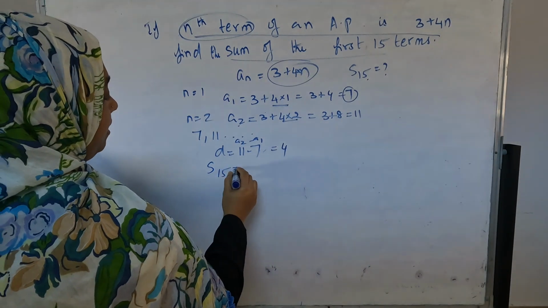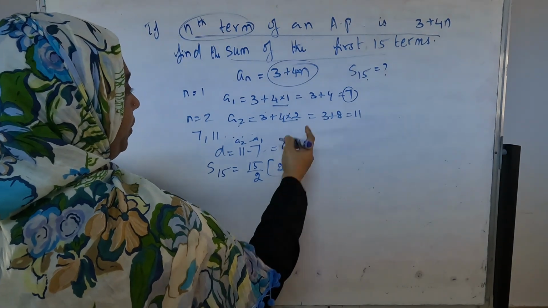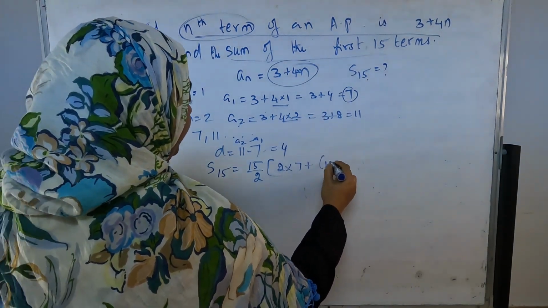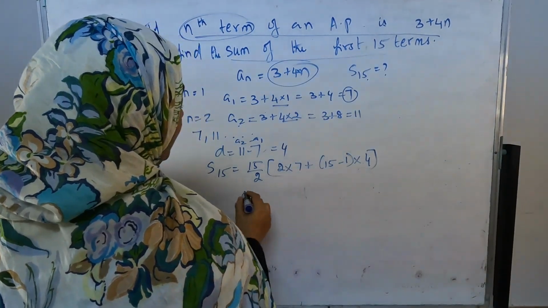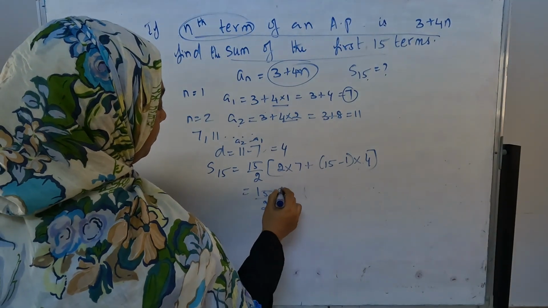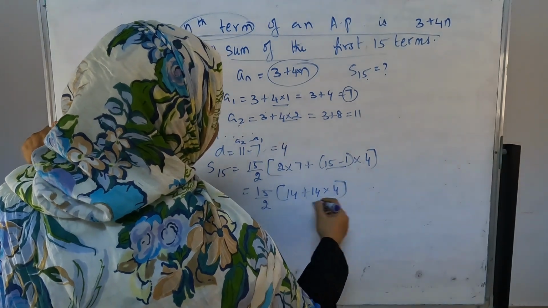So for 15, by 2 formula you have to write: 15 by 2 into 2 into a, which is 7, plus 15 minus 1 into d, which is 4. So 15 by 2 into 14 plus 14 into 4.